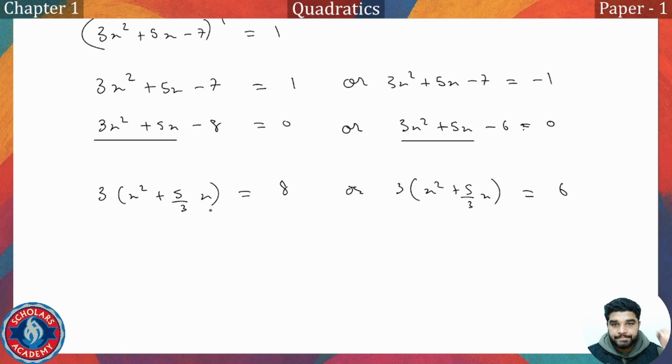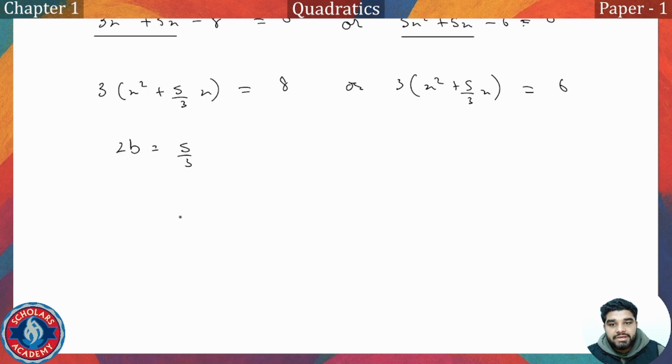I hope it is clear. I'm just taking common from the first two terms. Here 2b is 5/3, so b should be 5/6.